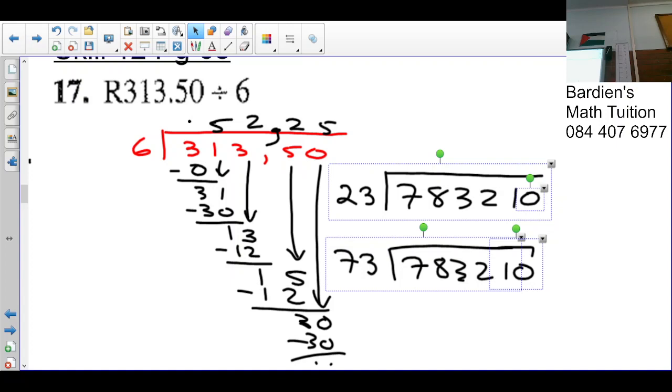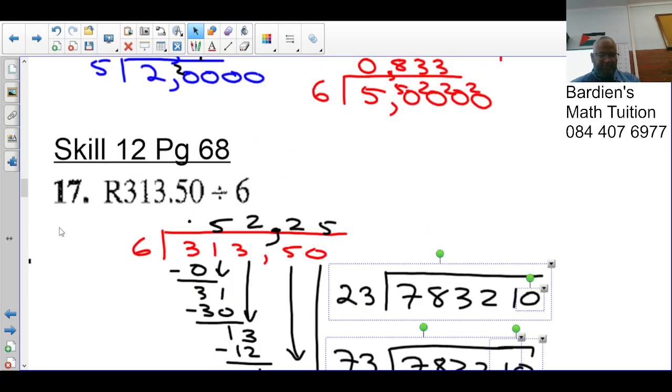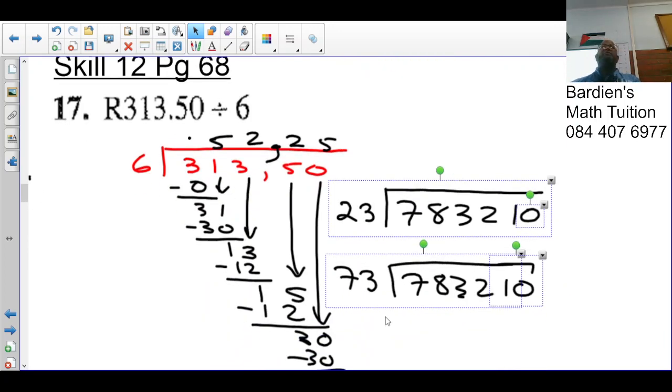Somebody asked a question with regards to skill 12. It was number 19. Now this one I'll do short division. Number 19. You all have the sum down, eh? Right.